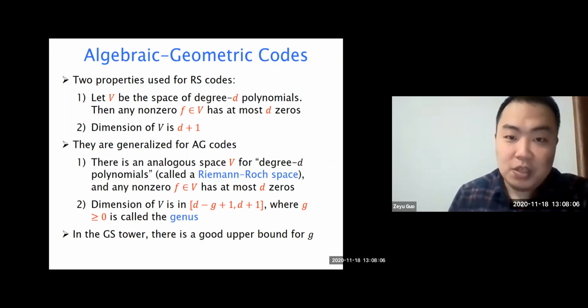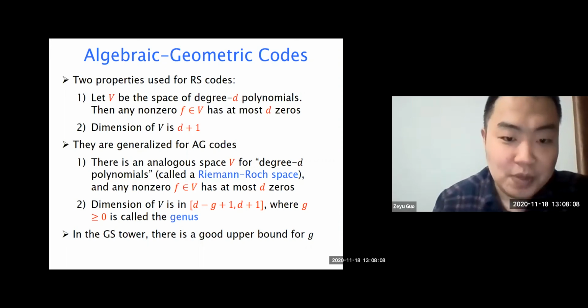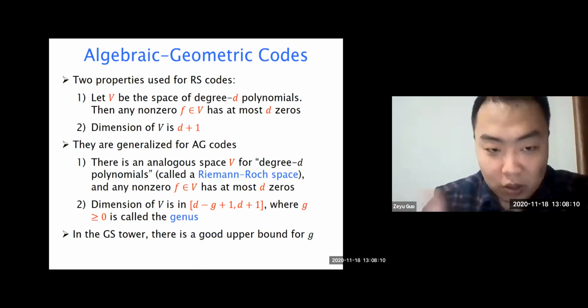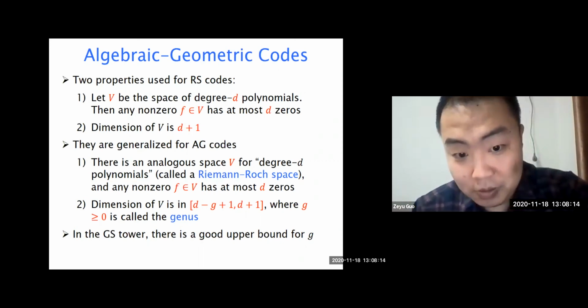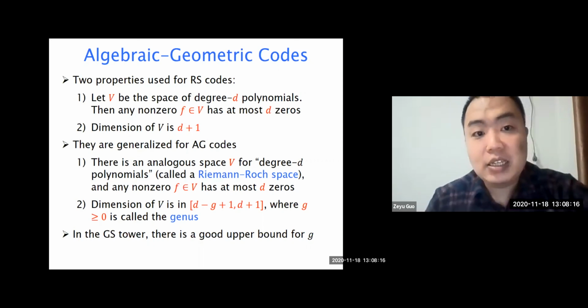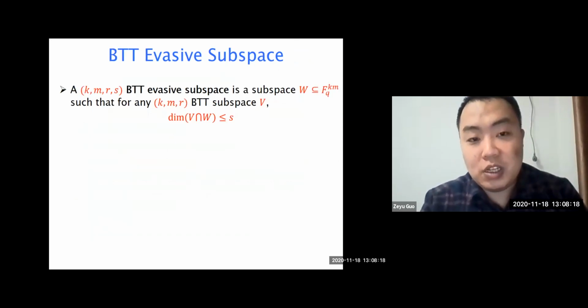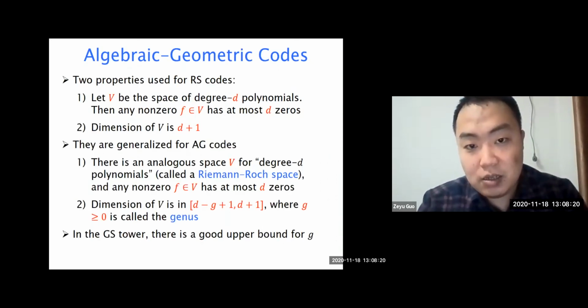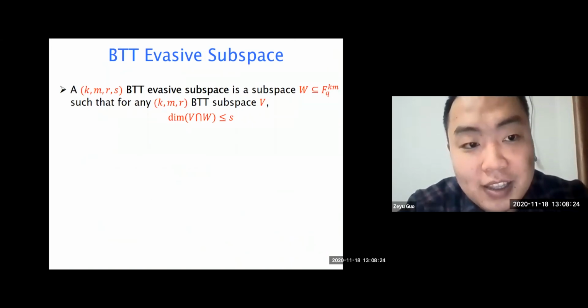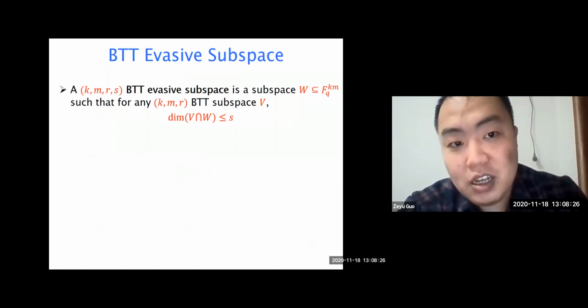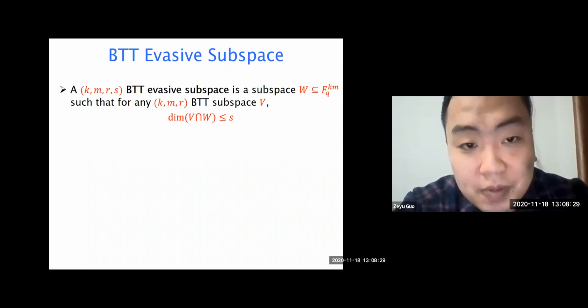Because we have these two properties, everything about Reed-Solomon codes can also hold for AG codes. Okay, so this is the intuition about AG codes, and we use this to construct the preliminary code, which is the first step. Next, I'm going to explain the second step, where we construct the so-called BTT evasive subspace.